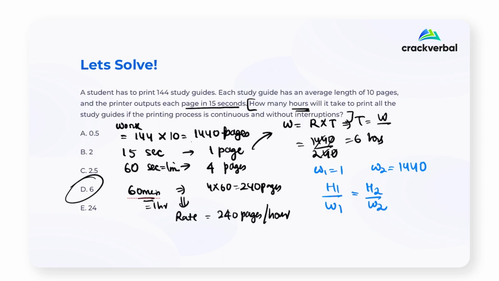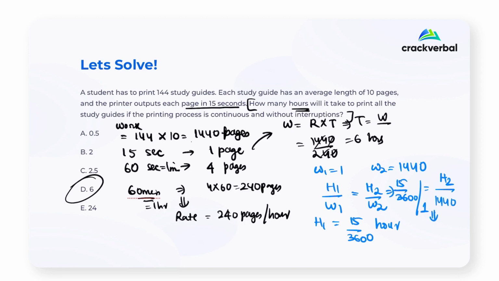Remember, the amount of time the first scenario takes is 15 seconds and I can convert that into hours for quick calculations. So H1 here has to be 15 upon 3600 hours. No need to cancel at this stage, we can cancel it at the end. Utilizing the values, 15 by 3600 divided by W1, which is equal to 1, is equal to H2, which we don't know, upon W2, which is 1440.